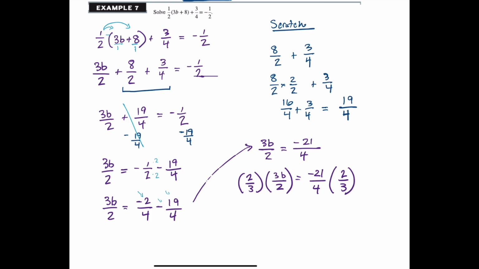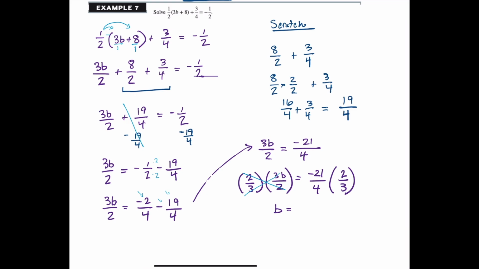On the left side, everything will cancel. So I get just b. And on the right side, we could multiply this all out and then reduce the fraction. But if we're a little bit tricky, we can already reduce it before we multiply.